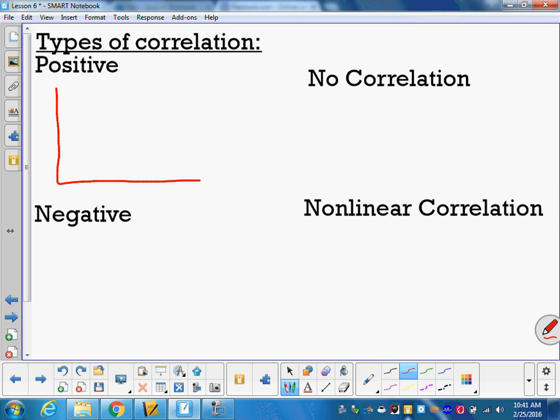So this is the first quadrant. Something that looks like the actual scatter plot I used in the last page for an example. It has a positive correlation. This is a positive linear correlation, which means the data points on the graph look like they're forming a straight line.